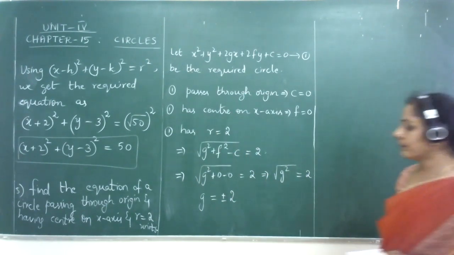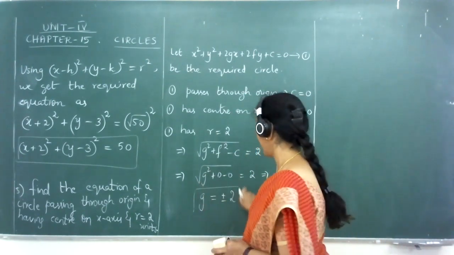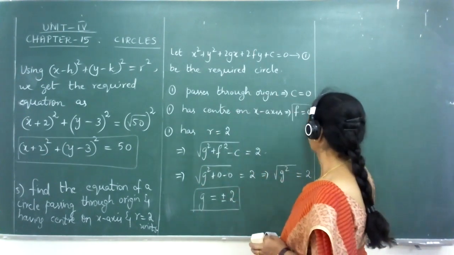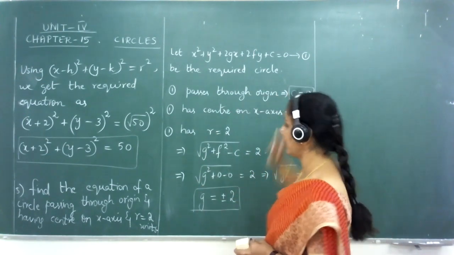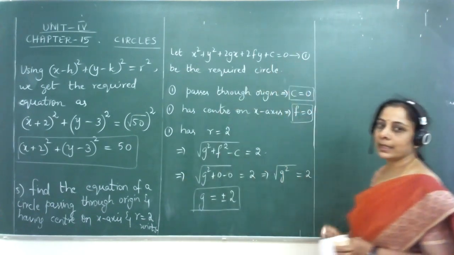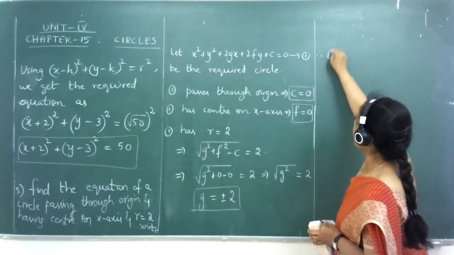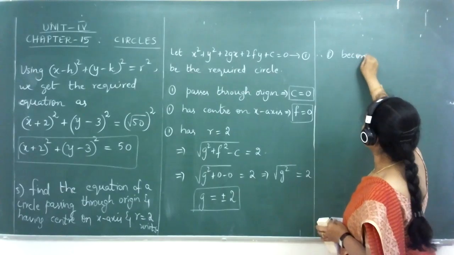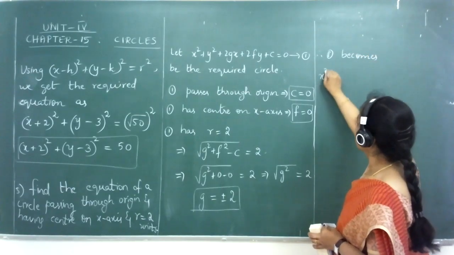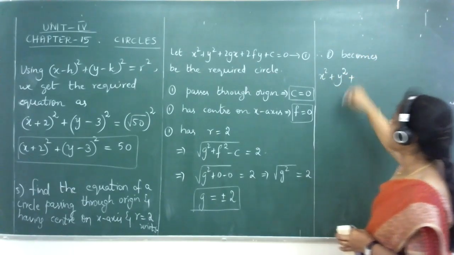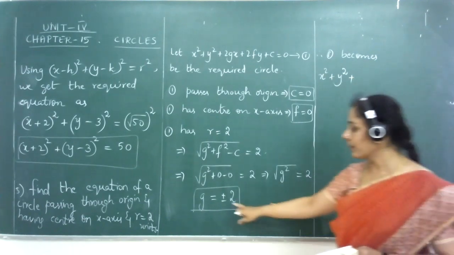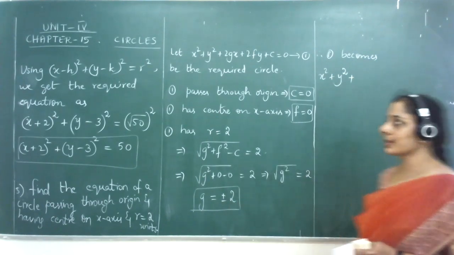Now when we have the values G obtained, F as 0, C equal to 0, substitute back in equation 1. So equation 1 now becomes, retaining x and y as they are, x squared plus y squared. You will be only placing the value for G as plus or minus 2.